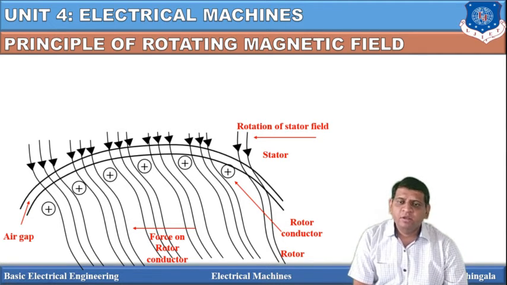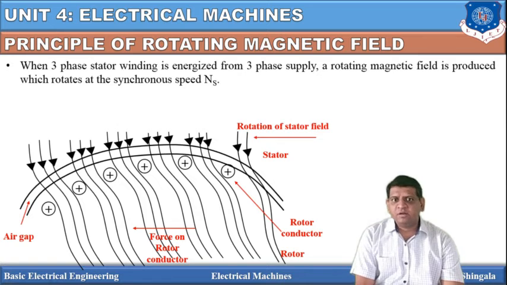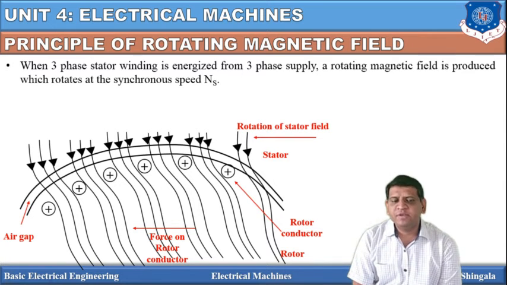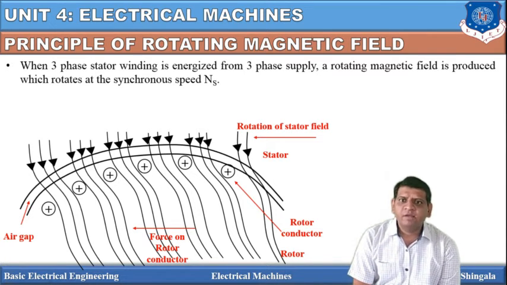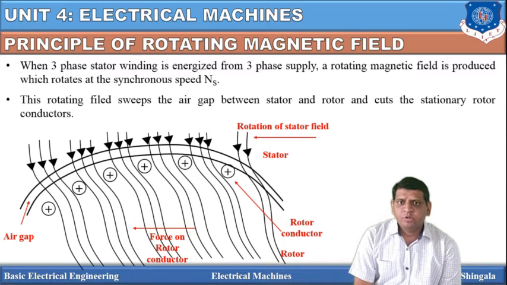In that way, the electrical signal is converted into mechanical energy. The three-phase stator winding is energized from the three-phase supply, and a rotating magnetic field is produced which rotates at the synchronous speed ns, sweeping the air gap between stator and rotor and cutting the stationary rotor conductors.